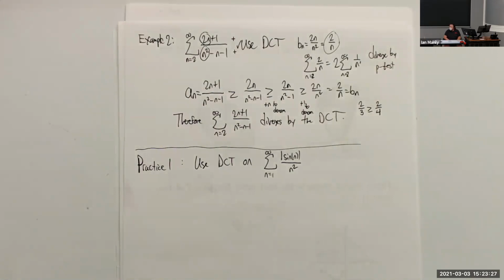What would you compare it to? Well, think about what the top is bounded by. What's something that's always going to be bigger than absolute value of sine of n? The weird part about this is the absolute value of sine of n, right? So we should probably replace that with something to make it simpler.